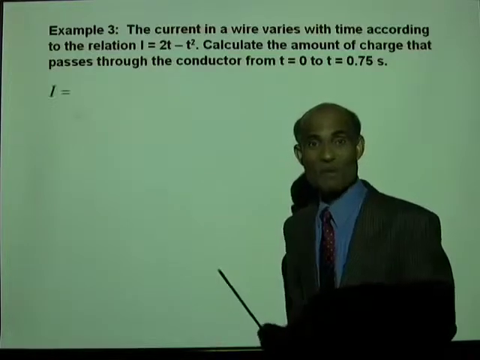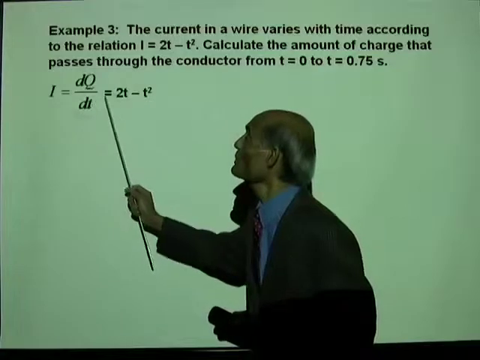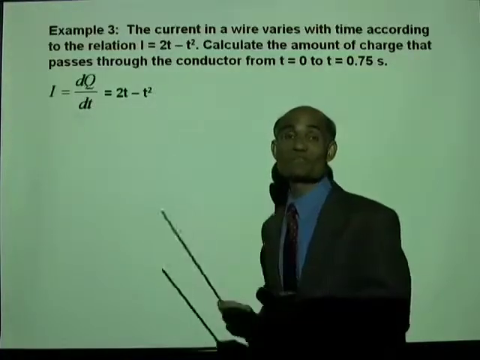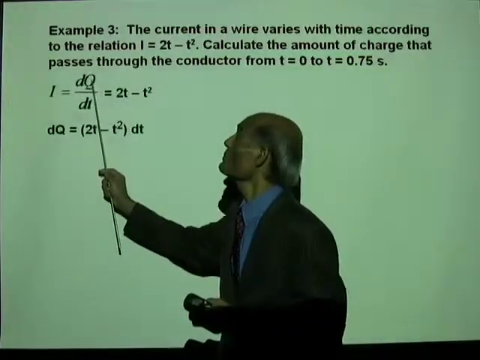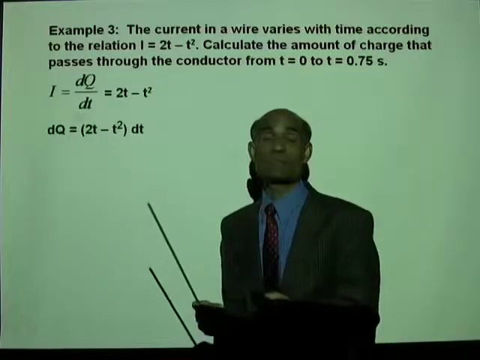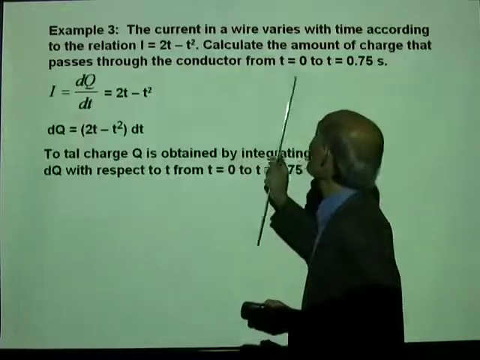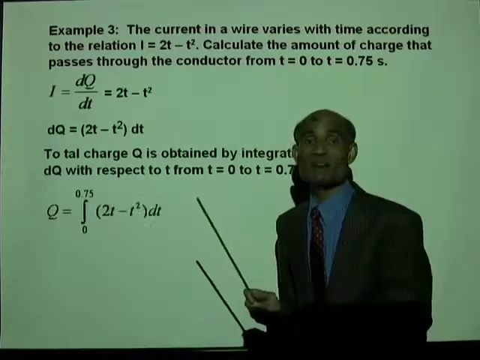The same kind of problem. We have dq over dt is I, and I is given to be 2t minus t squared. Therefore, dq equal to 2t minus t squared dt. And what do we do? Integrate this from t equal to 0 to t equal to 0.75.